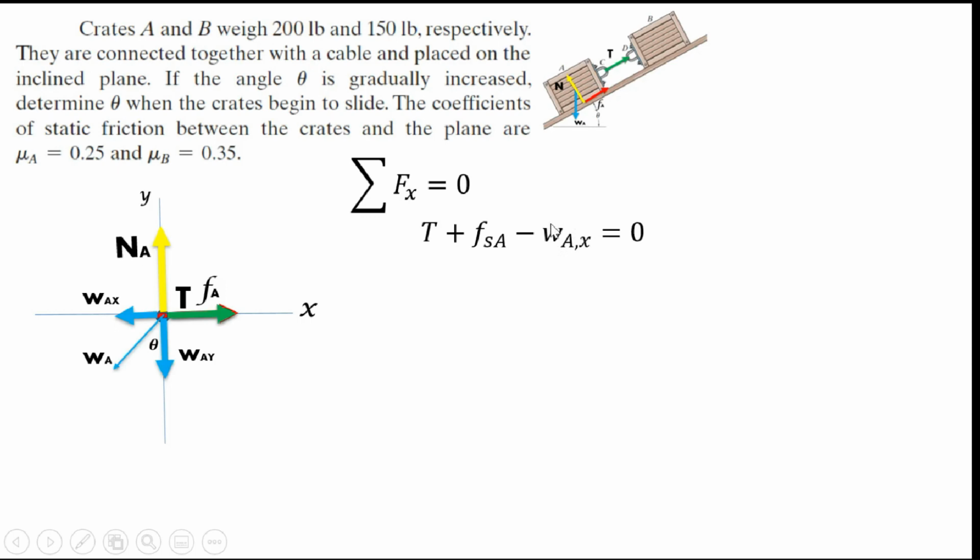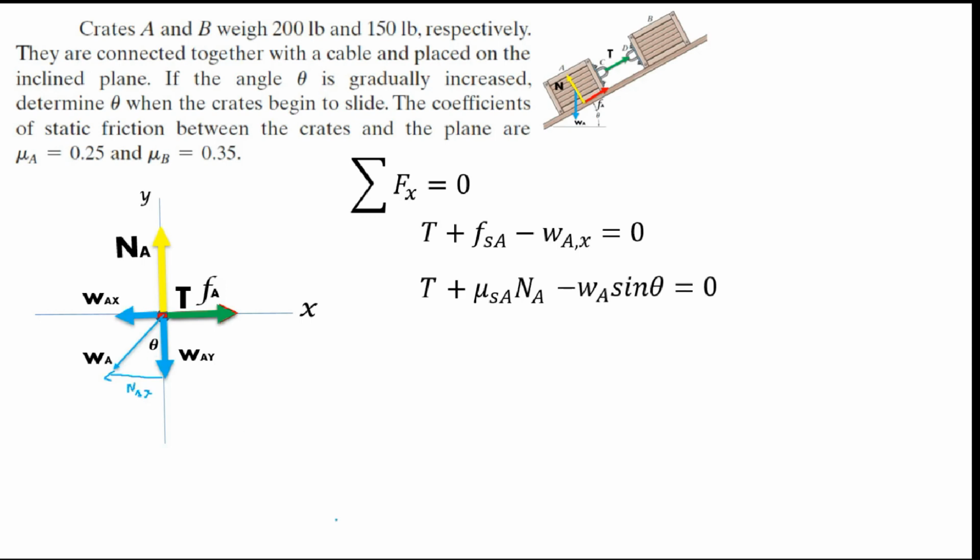And we have to replace WAX and the friction, since the angle is unknown, so we can get the angle from WAX and we have to get the equivalent of friction. So that will be tension, plus the equivalent of friction of A, that is mu A times the normal force of A, minus the equivalent of WAX. This is WAX, and WAX will be also this one. So this is WAX, that is opposite of the angle, so it means that is sine.